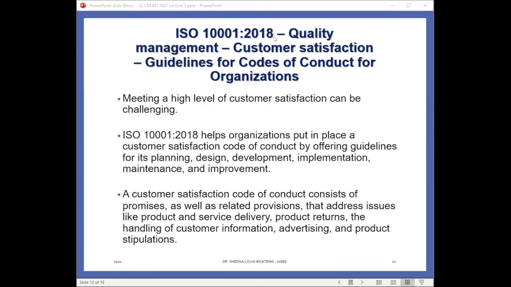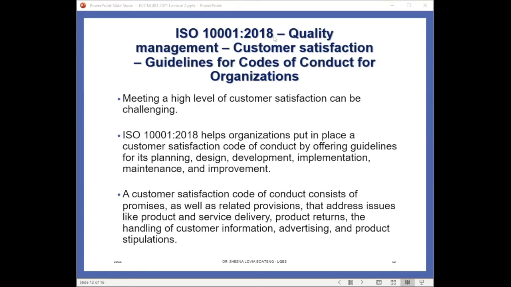So if you are certified for this particular standard, it means that you have a code of conduct that tells everybody how to go about managing customer satisfaction. Does it make sense? Yes. Good.